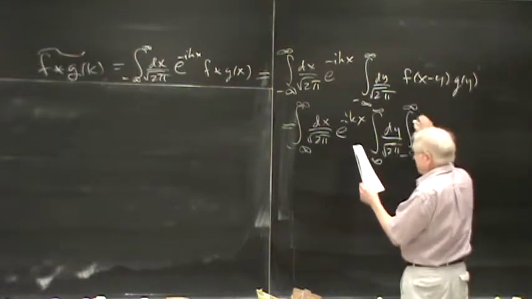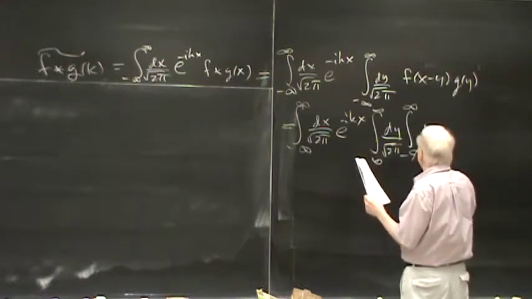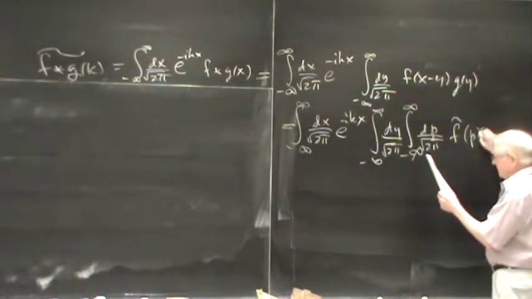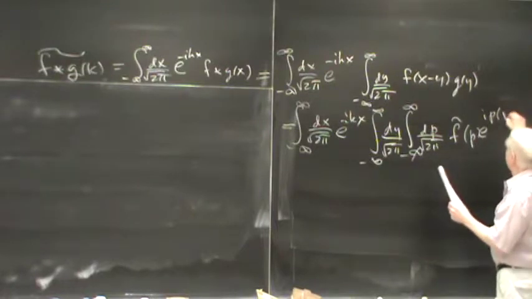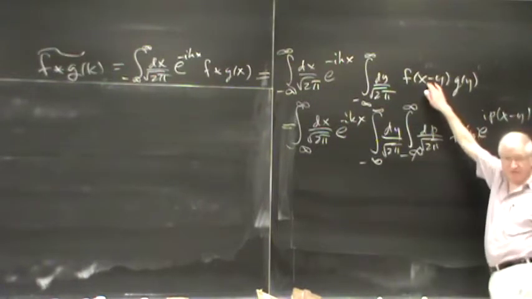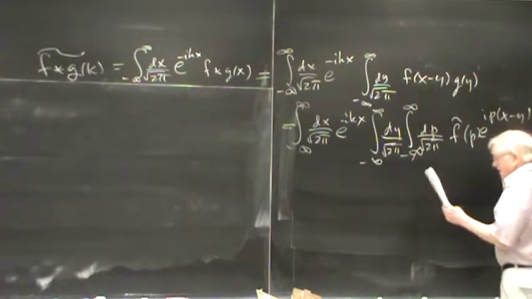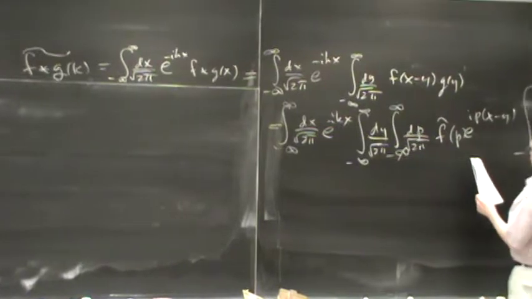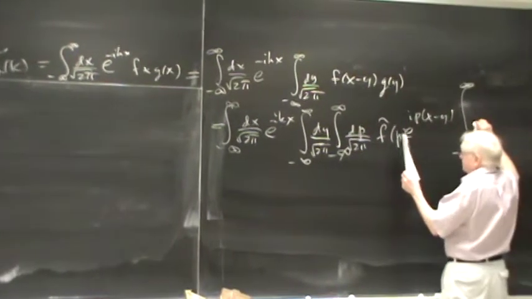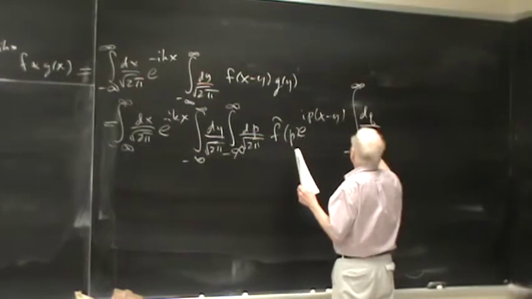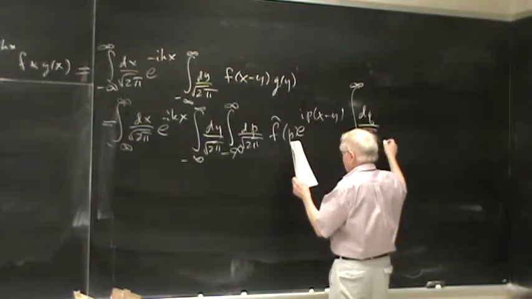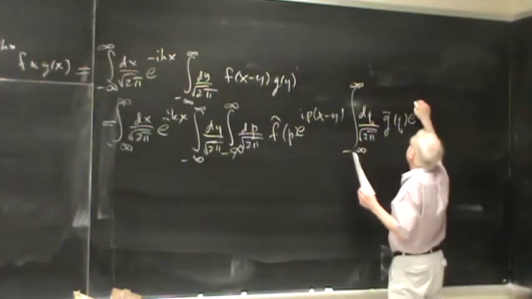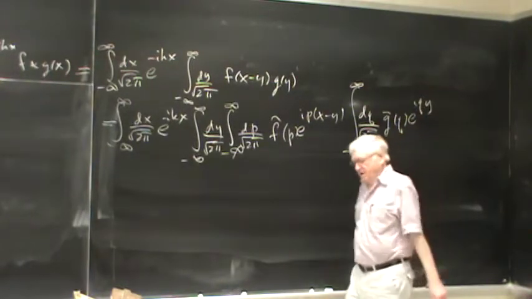We'd have integral minus infinity to plus infinity dp over square root 2π f tilde of p e to the i p times x minus y, the same argument as here, of course. And then g of y we're going to write in terms of its Fourier transform, which is a dq over root 2π g tilde of q e to the i qy. Okay. All right.